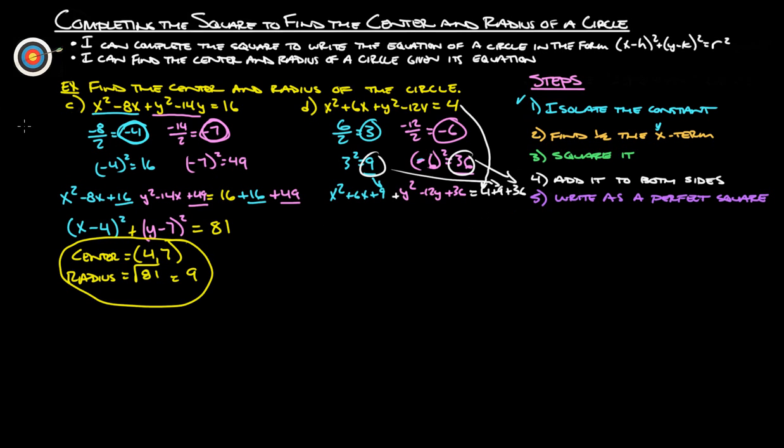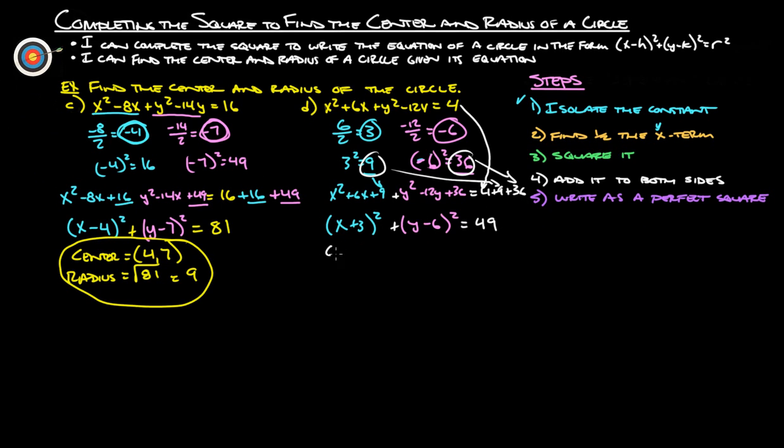So over here, this as a perfect square is x plus 3 squared. This one is y minus 6 squared. And we're adding those together, and that's going to equal what this adds up to all together. 36 and 4 is 40, plus 9 is 49.